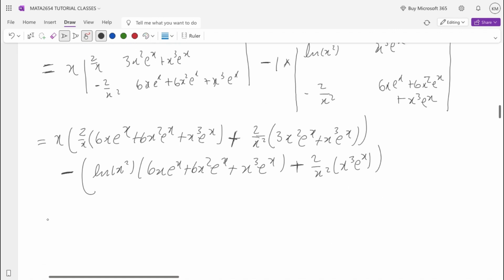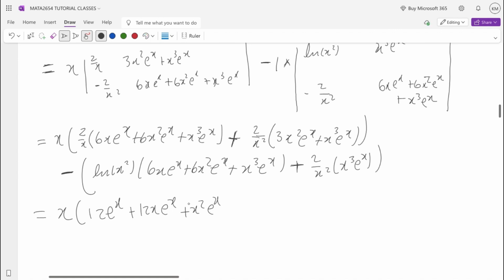Just like that. So now we have x into this by that will just give us 12 e to the x. Then this one by that will give us plus 12x e to the x, then plus x squared e to the x.